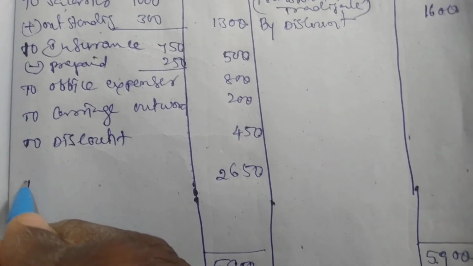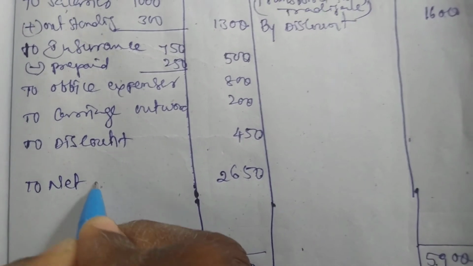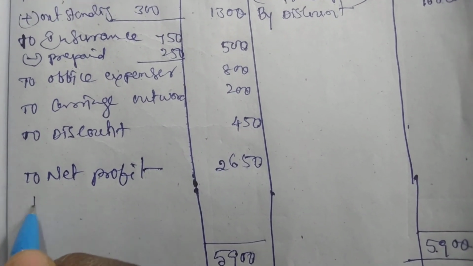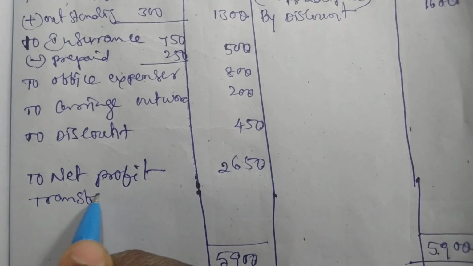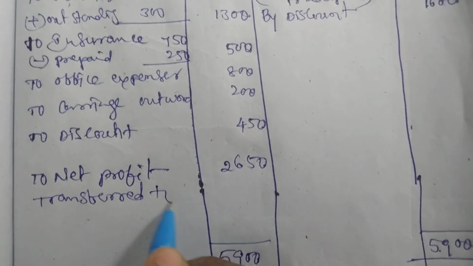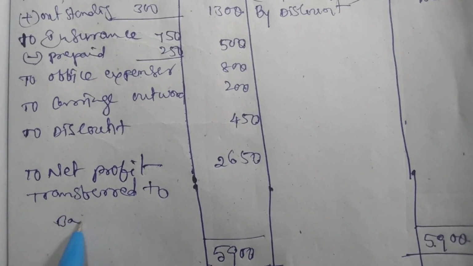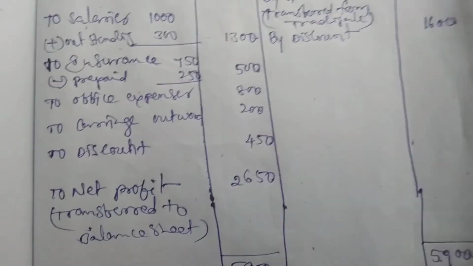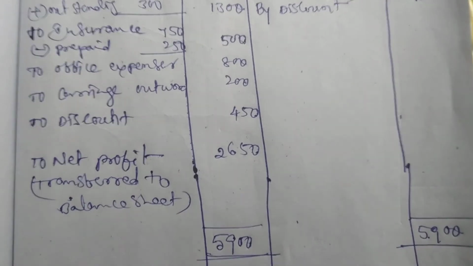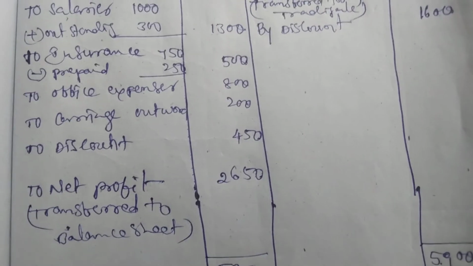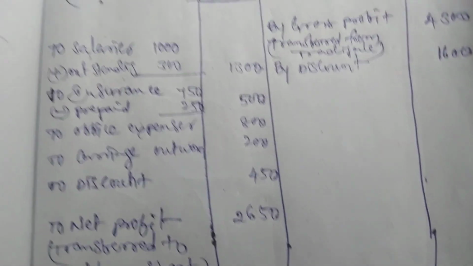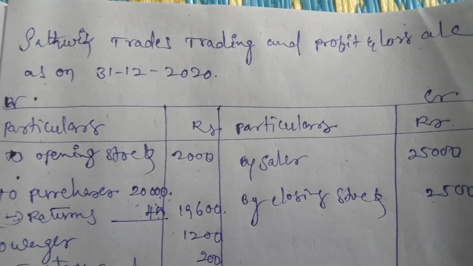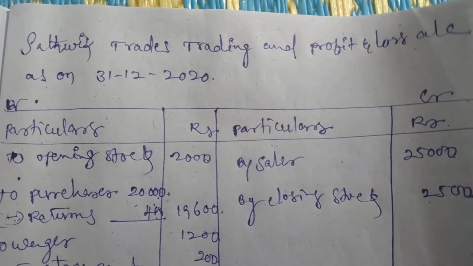So to net profit. So this is transferred to the balance sheet. So this is the total trading and profit and loss account. So try to observe here. We are showing the total trading and profit and loss account. First, Satvik Traders trading and profit and loss account.